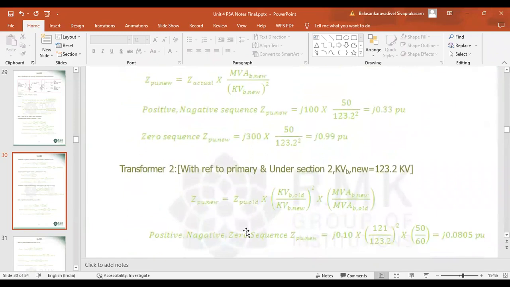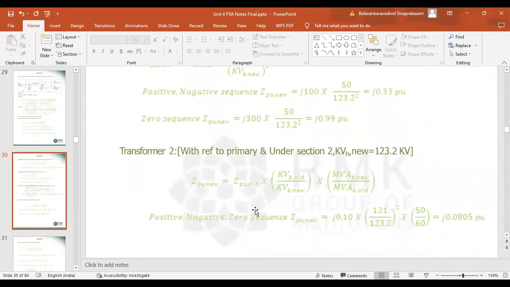Next one is the transformer. The formula for the transformer is Z per unit mu is equal to Z per unit old into kVb old by kVb mu the whole square into MVAb new divided by MVAb old. And here also all the values are given, same for positive, negative, and zero sequence. So you can substitute.